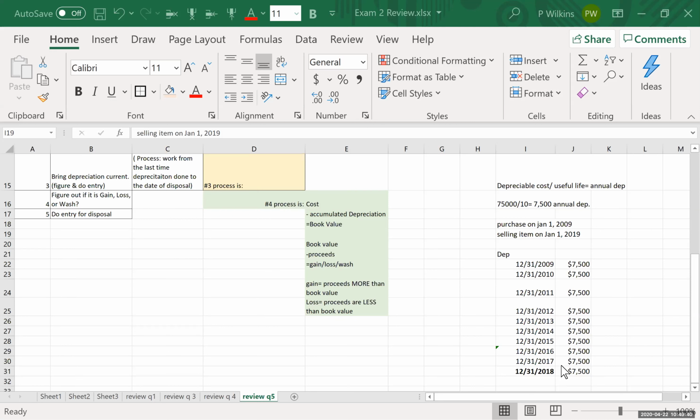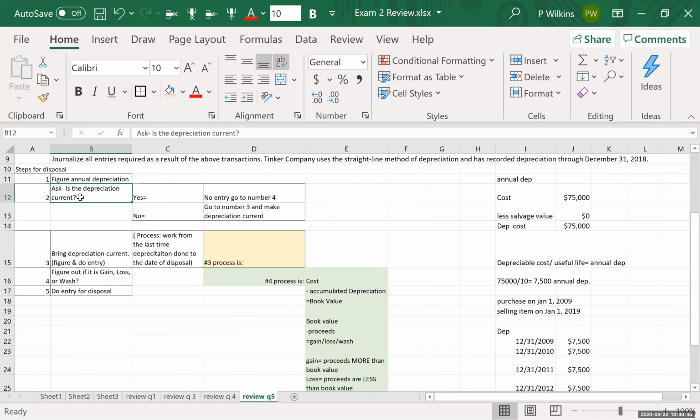So depreciation is current. We go back up here and ask, is depreciation current? Yes, depreciation is current. So there's no entry, so you go to number 4. You figure out if it's a gain, a loss, or a wash, okay?